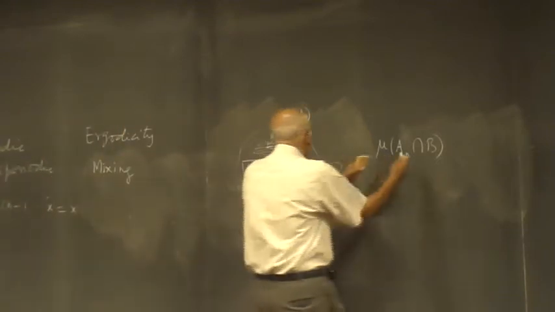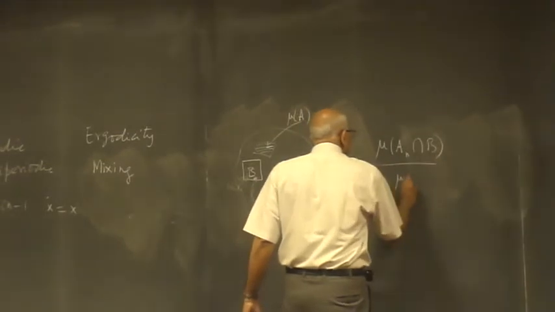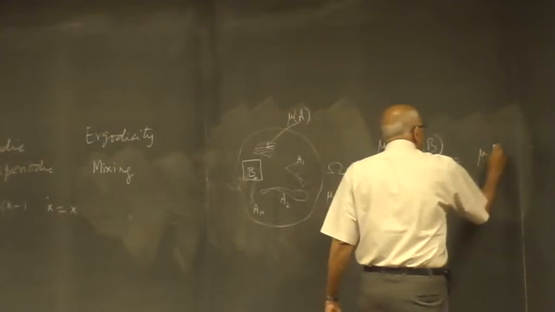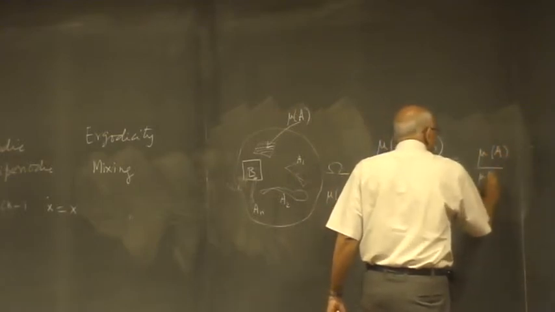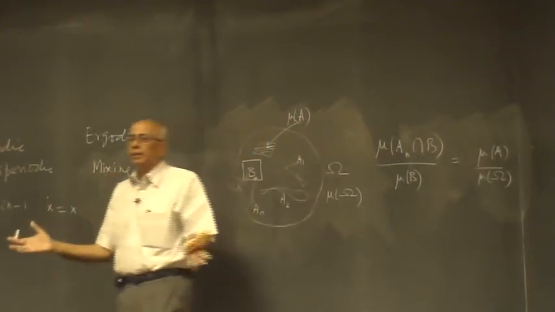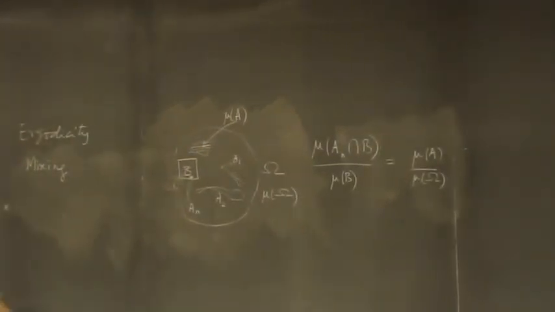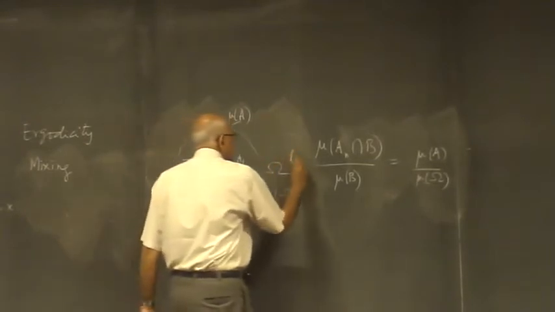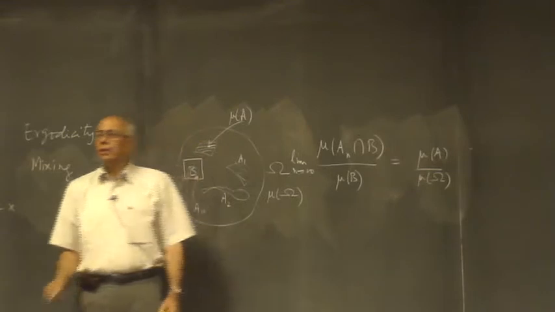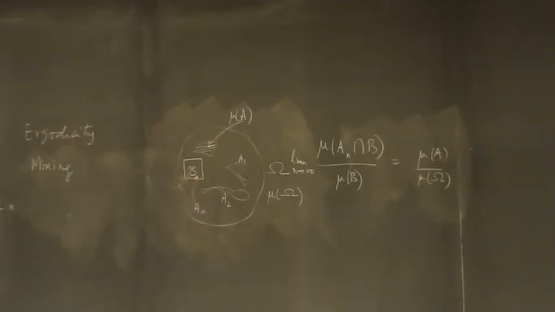And there is as much of it inside B, the ratio, as there is A itself in the entire volume. This means it is uniformly mixed, same percentage, in the limit as n tends to infinity. If this is true for every measurable set A and every measurable set B, then the system is said to be strongly mixing.